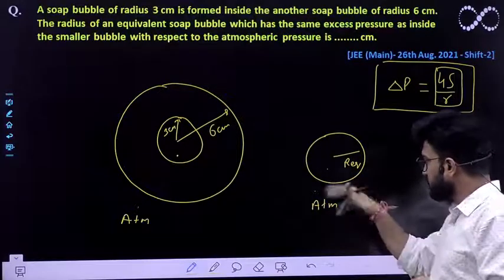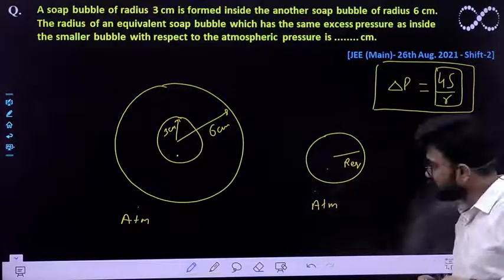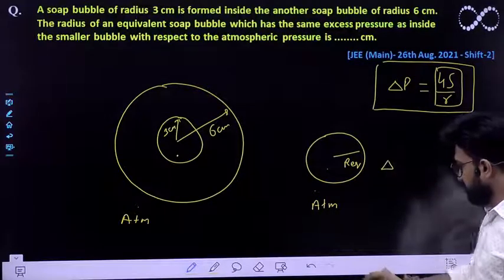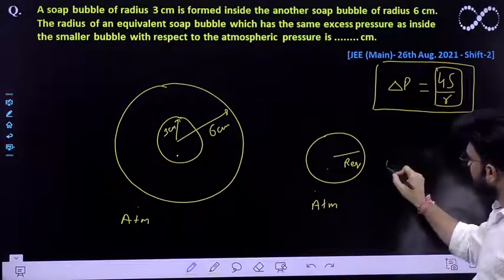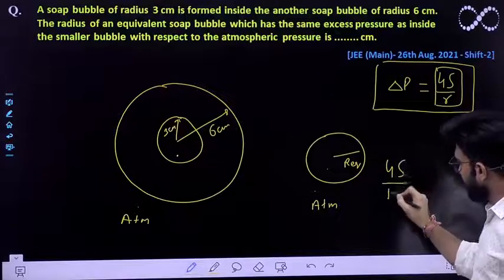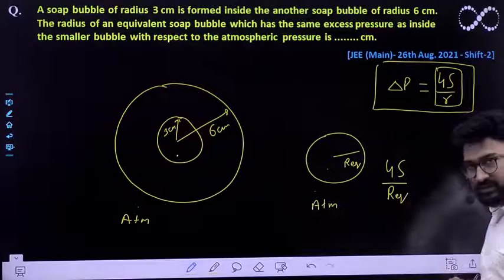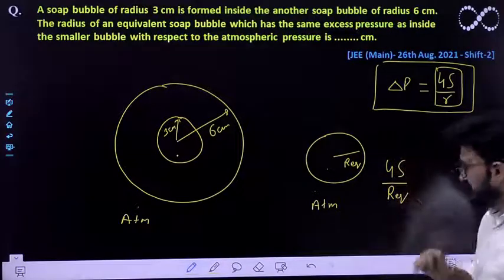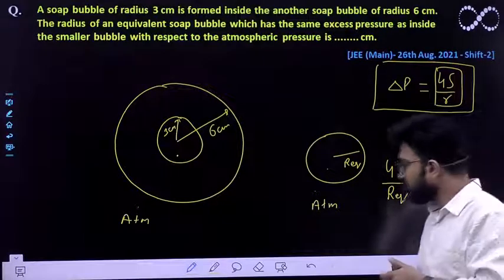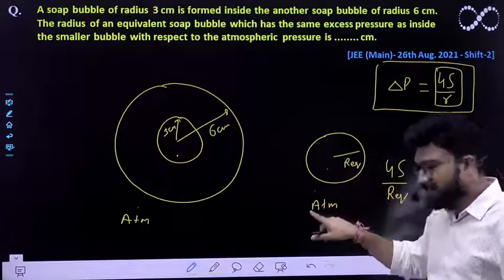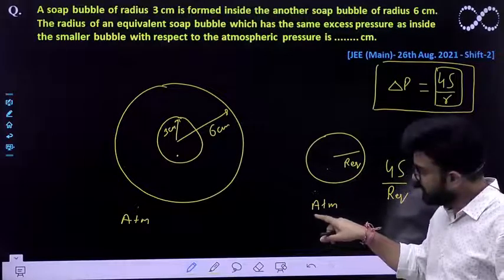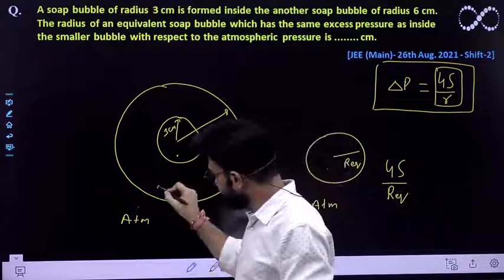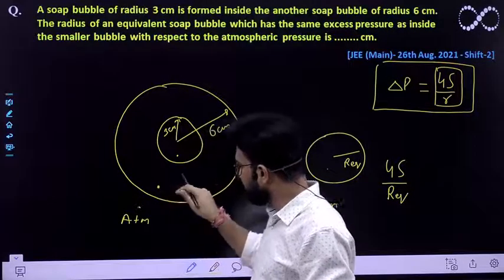So the excess pressure here in this soap bubble must be equal to 4S by R equivalent. With respect to atmosphere, this is the excess pressure, equivalent to the inside pressure minus atmospheric pressure. First of all, we will consider the excess pressure inside the bigger bubble.